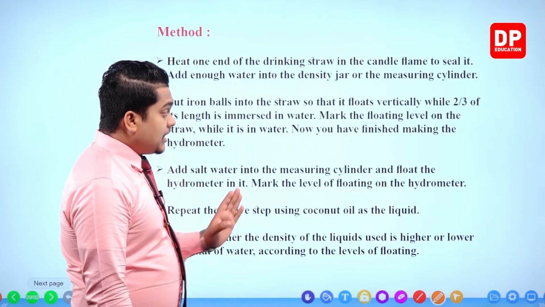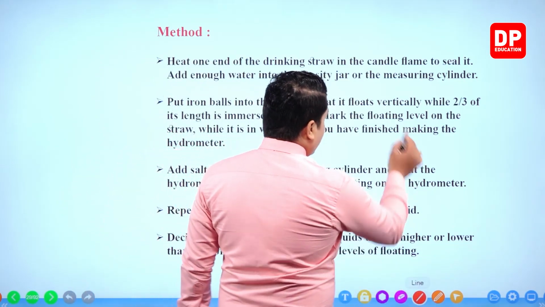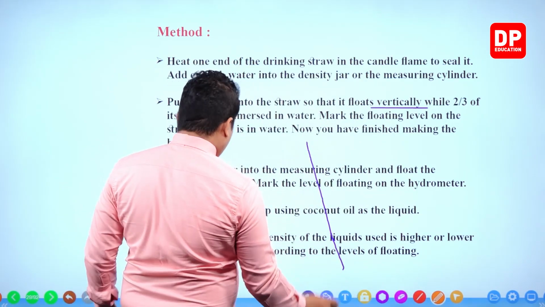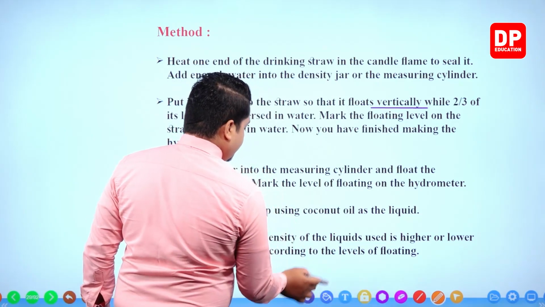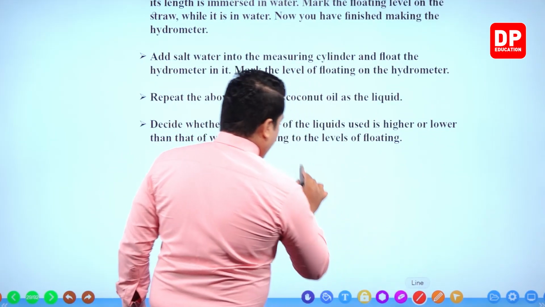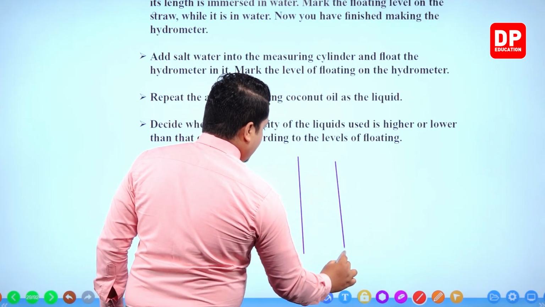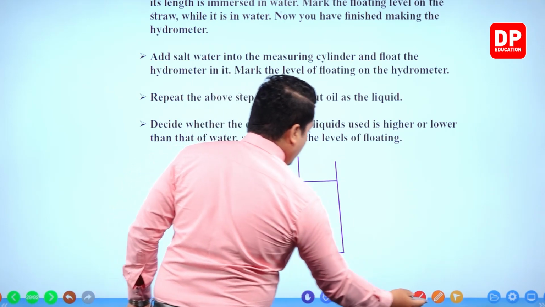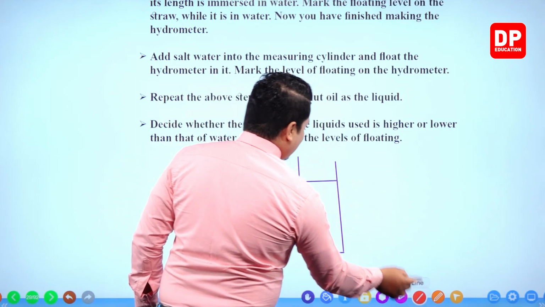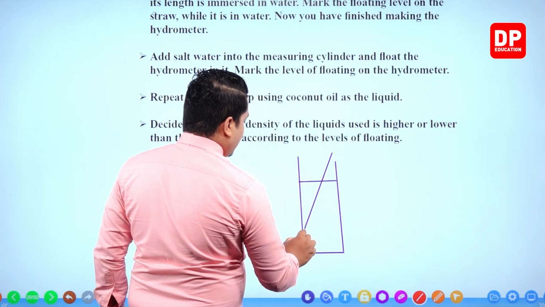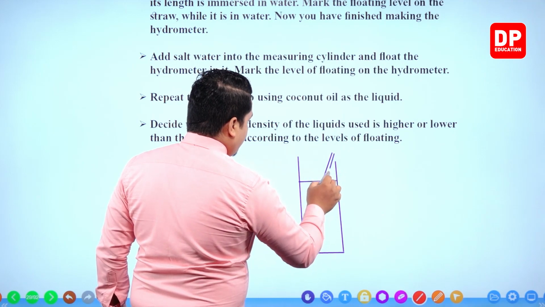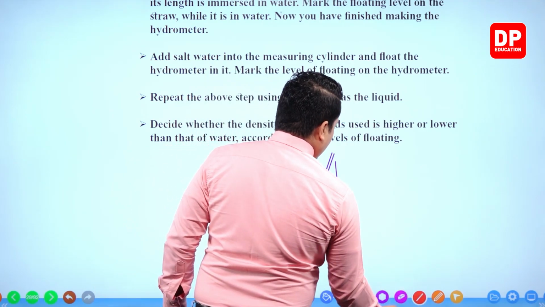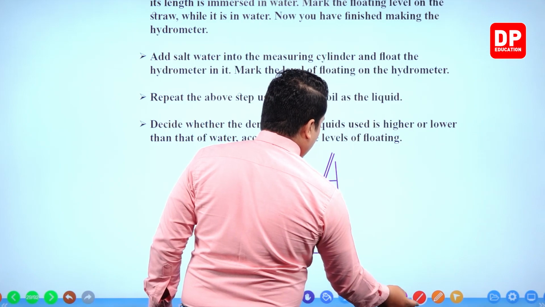The other thing is that it should be in a vertical position, my dear children. Let's imagine this is my measuring cylinder, and this is the liquid level. It should not be like this. Sometimes it might be like this, but it should not be.